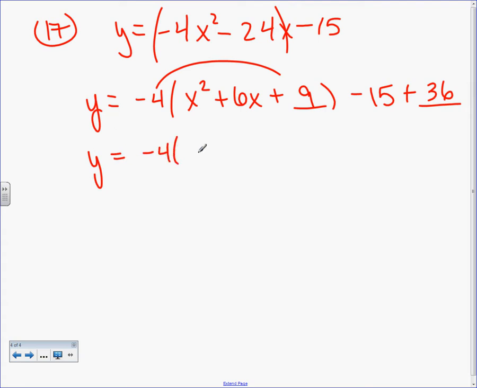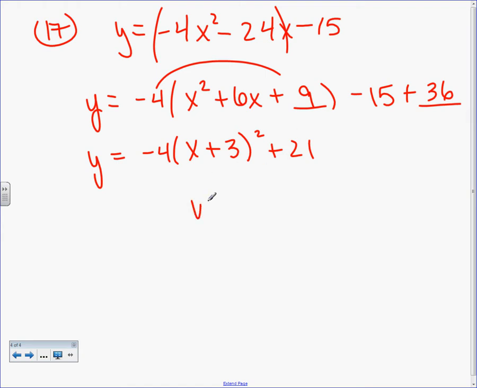How's that factor? Square root of this, x, this sign, square root of that, squared. And then what's this give me? Plus 21. Ask me a question. Do you understand that's in vertex form now?